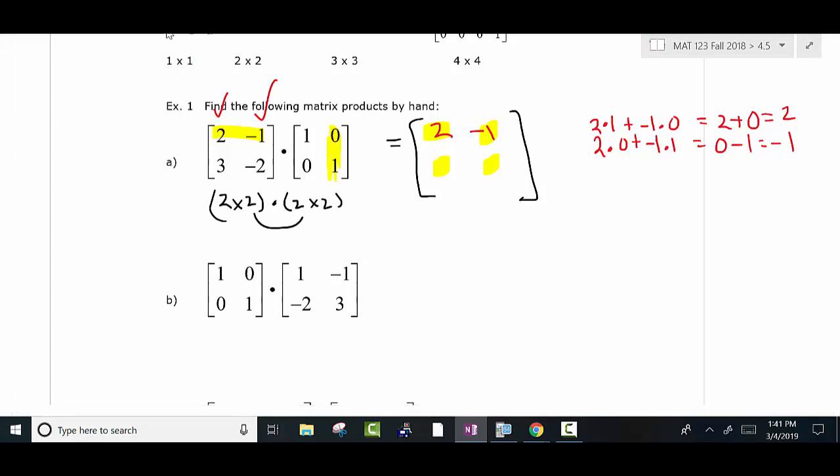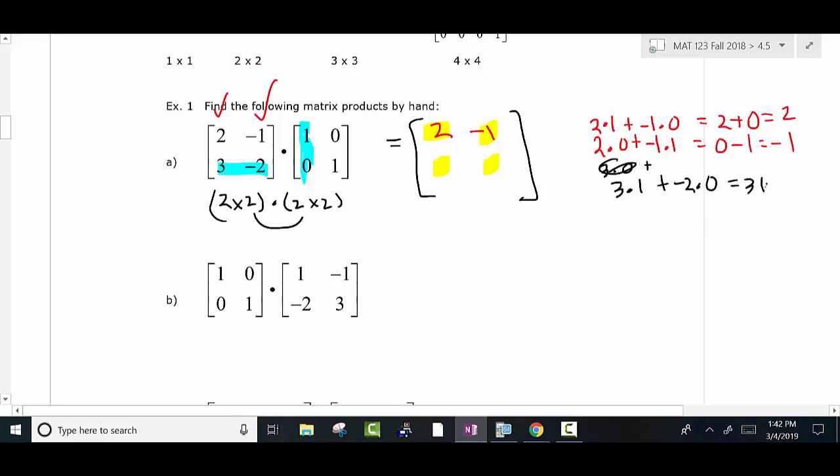Then we go with the second row and the first column. So we do that like we've learned. So we're going to do 3 times 1 plus negative 2 times 0. That's 3 plus 0, so that's equal to 3. So notice you got the same thing back. Are you convinced yet? Nope.